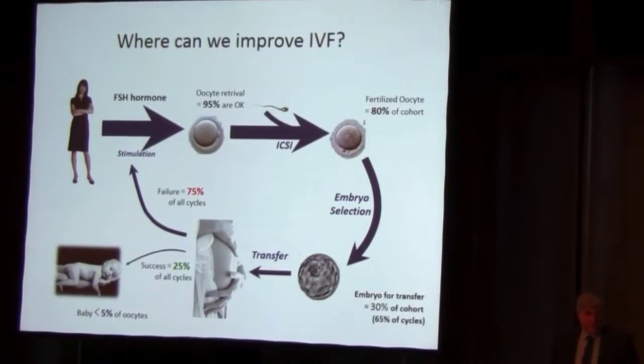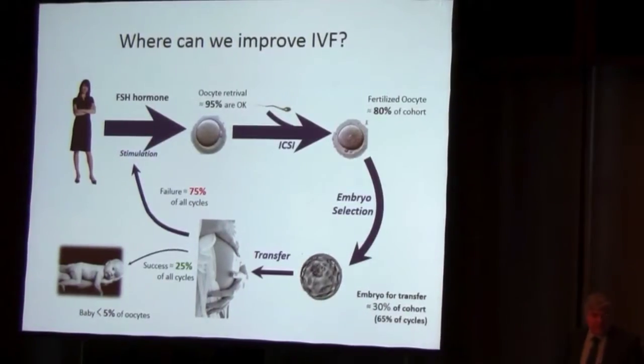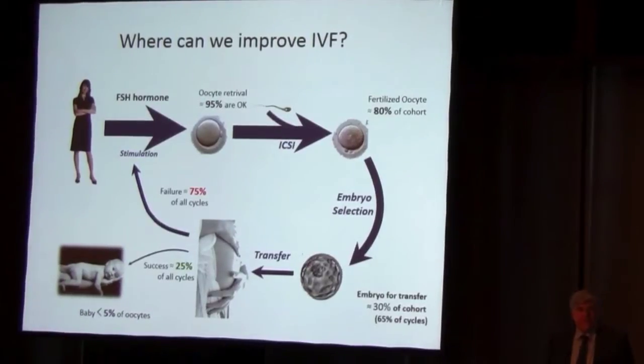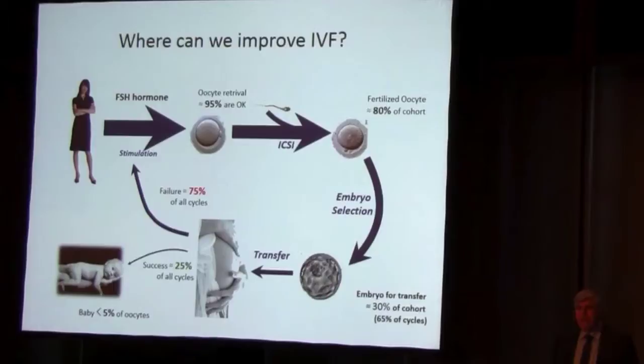We stimulate the patients, we retrieve the oocytes, fertilize them, then we try to select the best embryo and replace it into the uterus, transfer it, and hope that it will end with pregnancy. Unfortunately, only around 5% of the oocytes that we retrieve end in live birth.